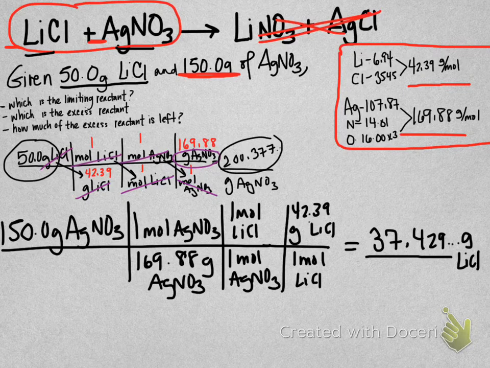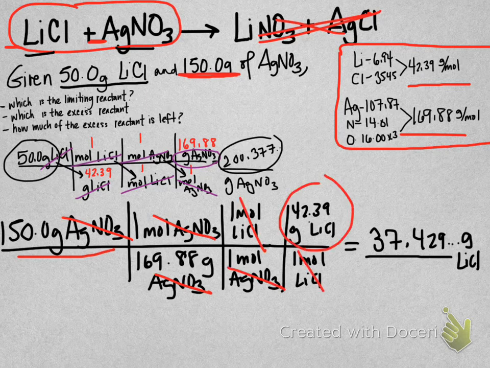So 150 grams of silver nitrate, when converted to moles, going grams of silver nitrate canceling, moles of silver nitrate canceling in a mole ratio, moles of lithium chloride canceling and ending up in grams of lithium chloride, 150 grams of silver nitrate could react 37.429 on and on grams of lithium chloride.